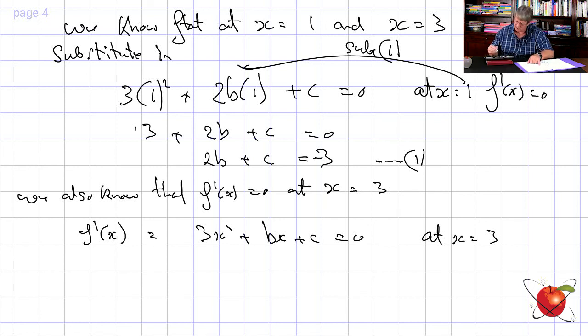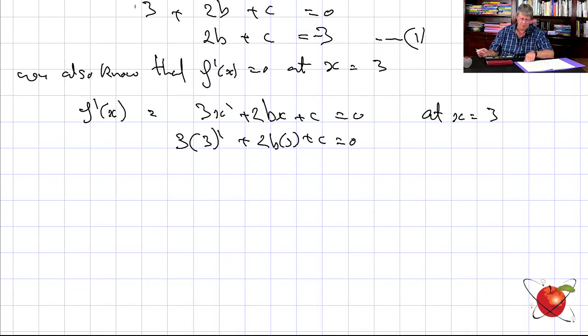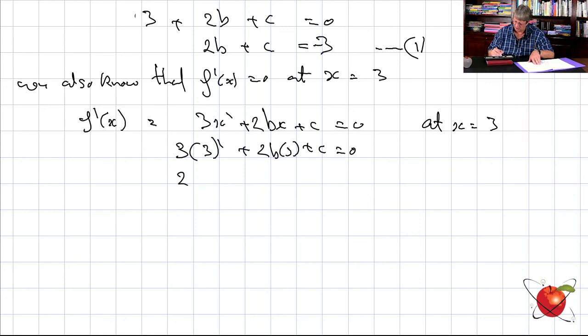Now I say 3x squared. So now I put in x equal to 3 and I say 3 times 3 squared plus 2b times 3 plus c is equal to naught. What do we end up with? We end up with 27 plus 6b plus c is equal to naught.